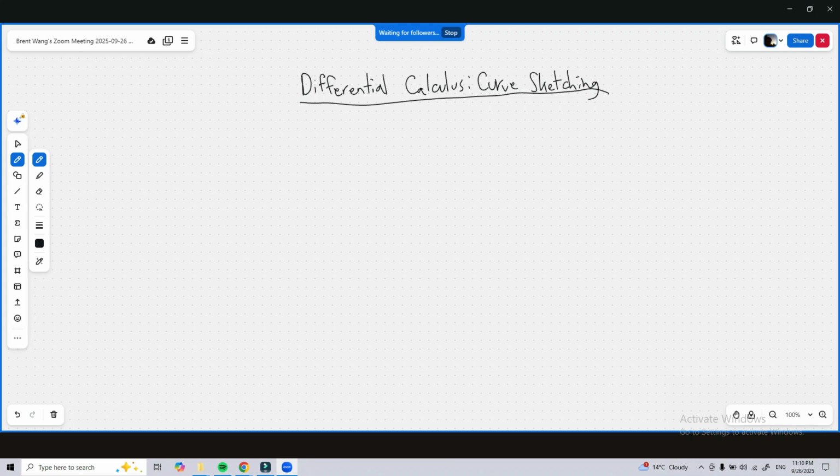So to sketch a curve, I actually have a checklist of 6 very important items that I'm just going to list out with you.